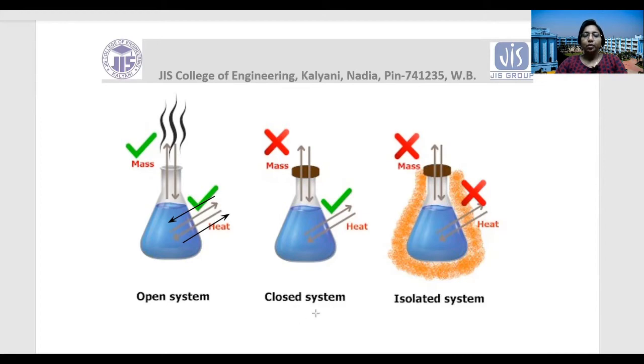Now the second one, closed system. Here is the closed boundary. There is only heat transfer taking place. The energy transfer takes place, but no mass is transferred as it is completely covered.